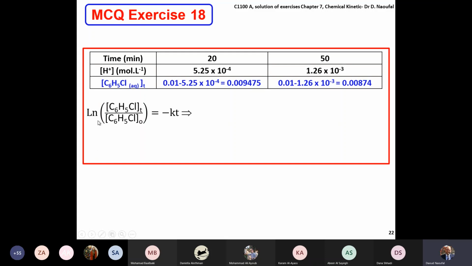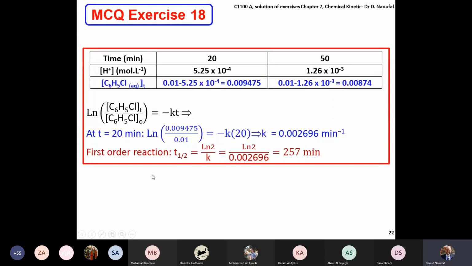Now we apply the relation ln A_t divided by A_0 equals minus Kt, at one of these times. Either you apply the relation at t equal 20 minutes, or you can apply it at 50 minutes. So at t equal 20 minutes, we put the value of A_t and A_0, so we obtain K, and pay attention, the unit of K is 1 over time, so it's in minute to the minus 1.